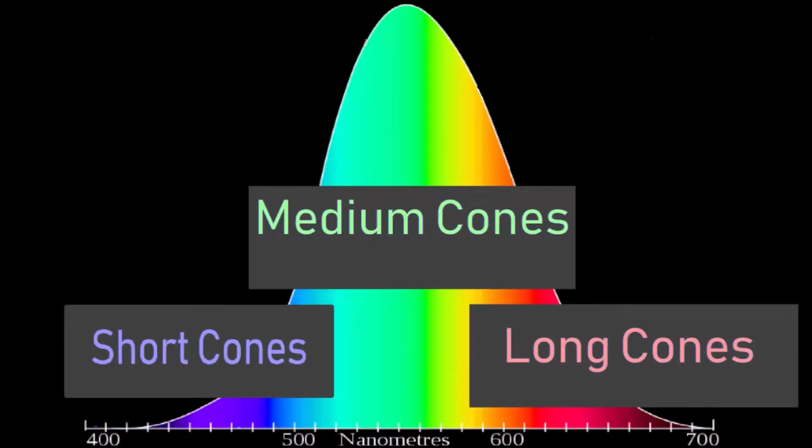When light enters our eyes, it activates these cones in different amounts. Depending on how these cones are stimulated, the brain perceives different colors. For example, if only blue light is produced, the short cones are mostly activated and the brain perceives the color blue. When red light is produced, the long cones are most activated and the brain perceives the color red.